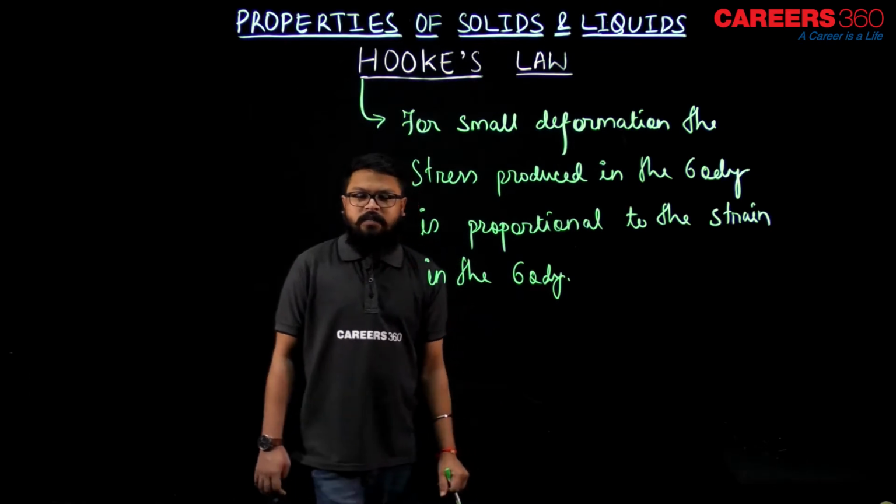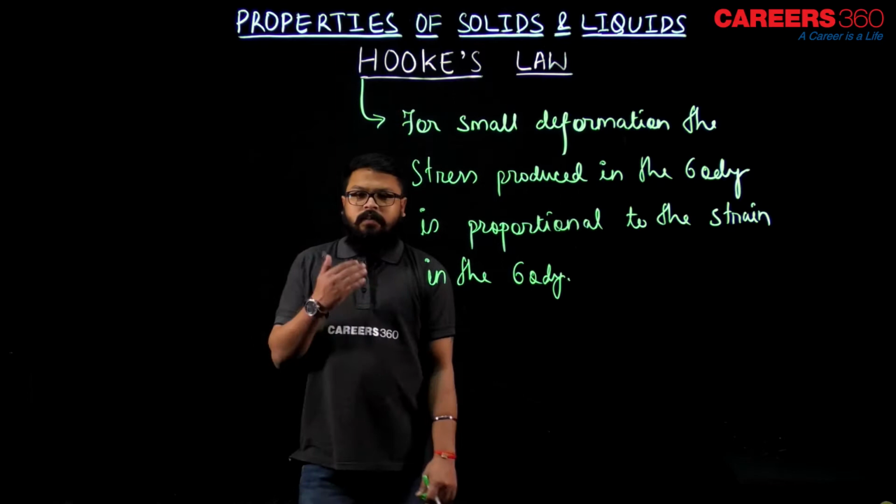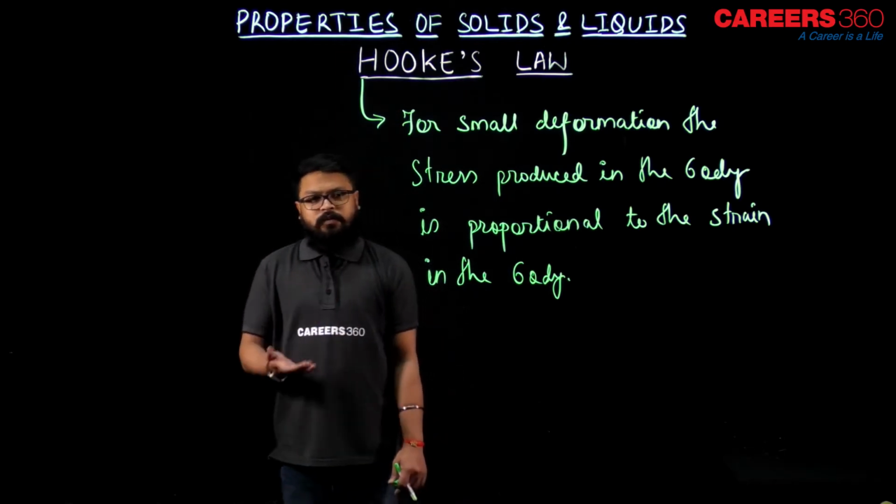So I hope you got the statement of the law. That is, according to Hooke's law, for small deformation, the stress produced in the body is proportional to the strain in the body.